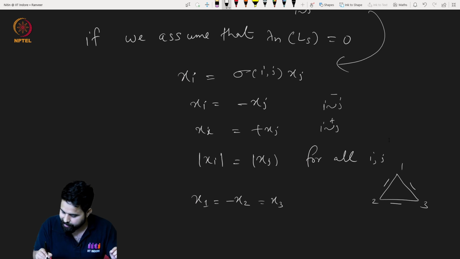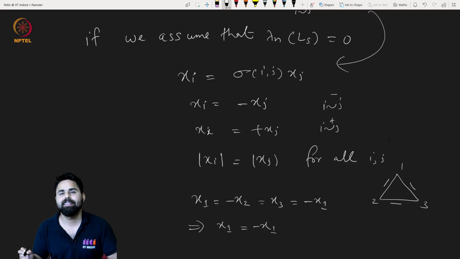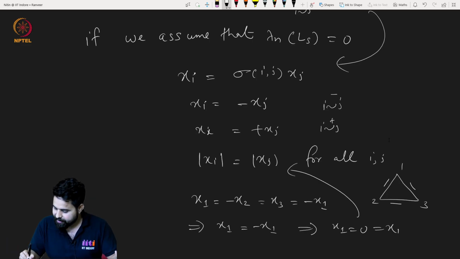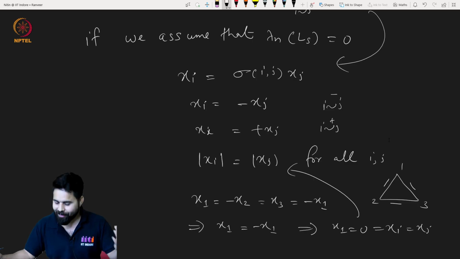Now x3 will be again minus x1, right? Now this tells what? x1 equal to minus x1. This means x1 equal to 0, but due to this everything is 0, which is a contradiction, because x is an eigenvector, right? It cannot be 0.